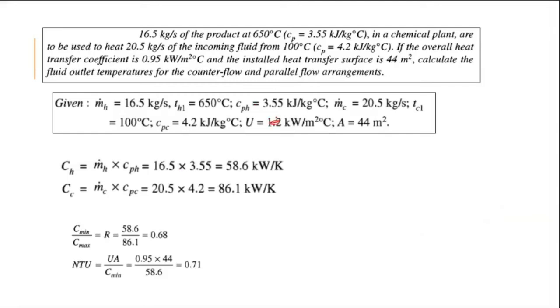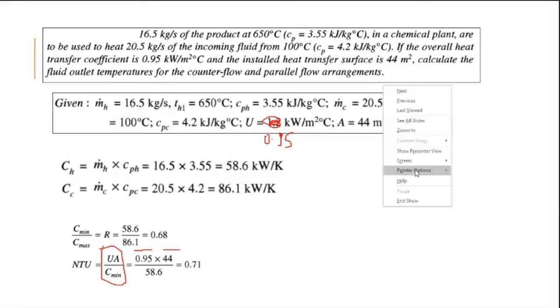This is not 1.2. This will be 0.95. In the later part, when they are using it for the solution, they have put the correct value that NTU is equal to 0.95 multiplied by something. Is this part clear? Nice observation. Should we move ahead? Yes, sir.